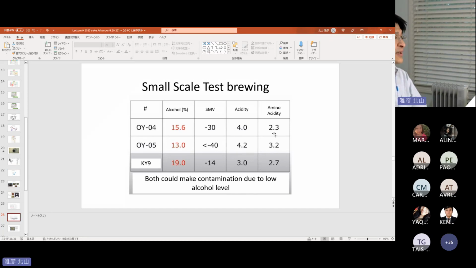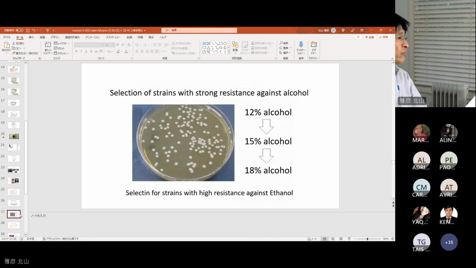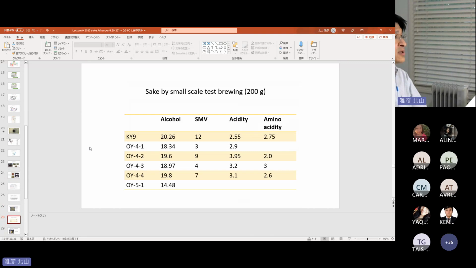Acidity and amino acid. So this is the data obtained by small-scale test brewing using 200 grams of rice, not much.